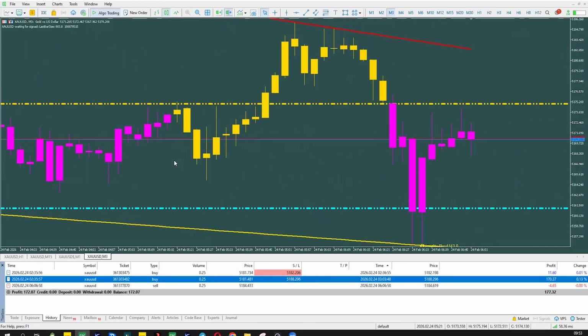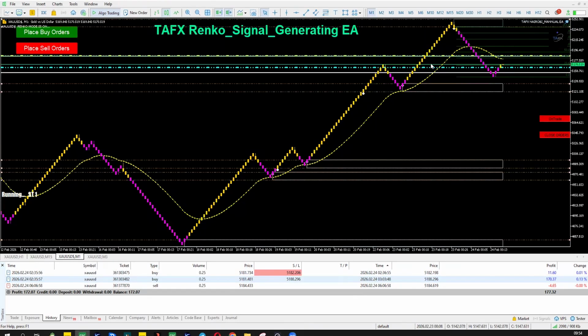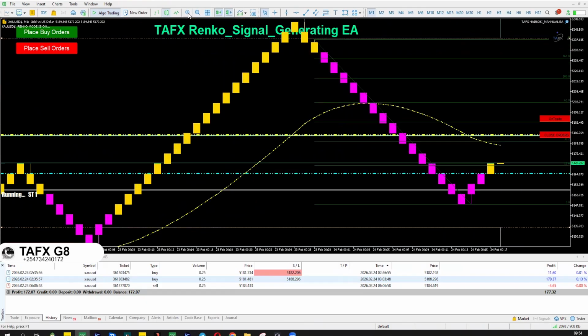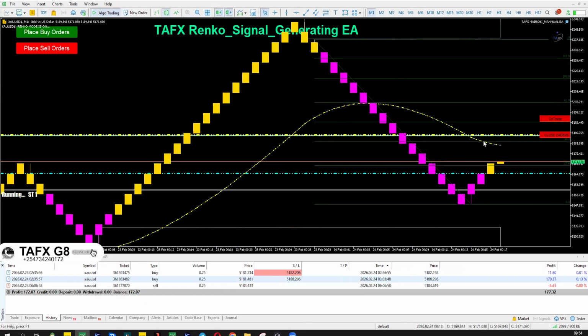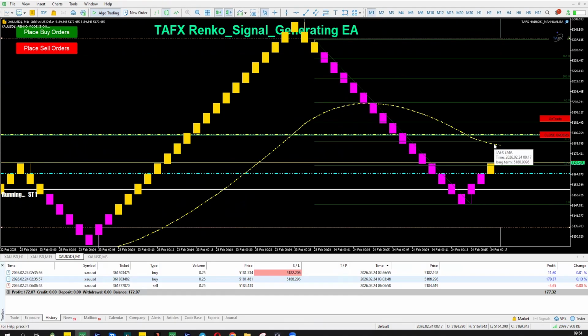But now, let me show you how this works perfectly so that you can master this. And if you master this, you'll become a very, very profitable trader. Let's go to our Renko chart. What do you see on this chart? On our Renko chart, you can see we are approaching this moving average.